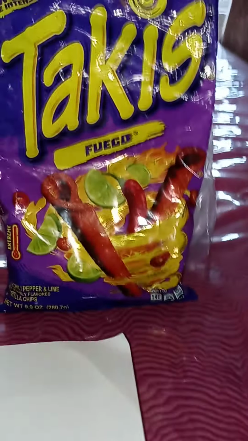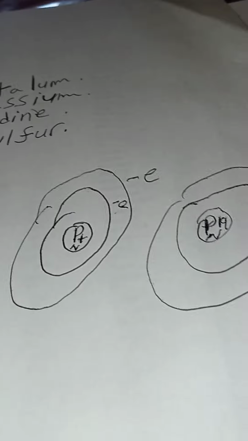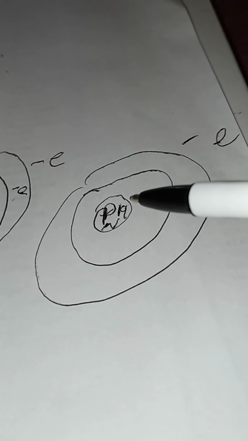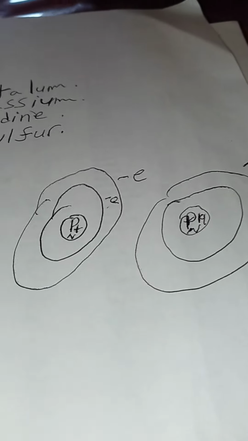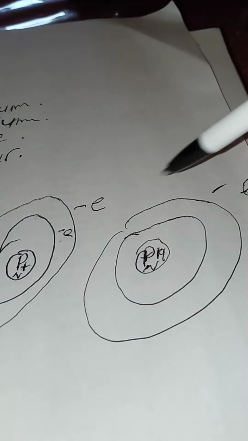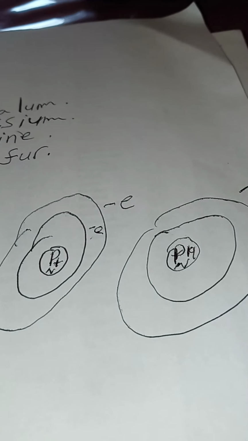So now you know about the atomic numbers. It's the number of protons, which are positively charged particles, that you'll find in the middle or nucleus of the atom, along with the neutrons, which have no charge at all. And then in the outer shell going around is the negative E, which are electrons.